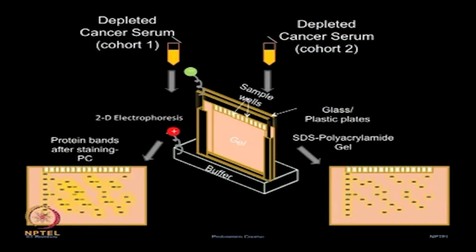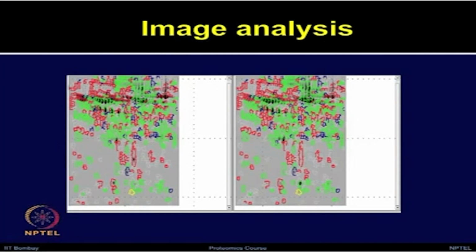They were separated in the first dimension, followed by separation of proteins in the second dimension. When the authors analyzed these DIGE images, they found that 63 protein spots were differentially expressed between the Gleason score 5 and 7 cohorts, and 13 of these proteins were statistically significant between the two populations.